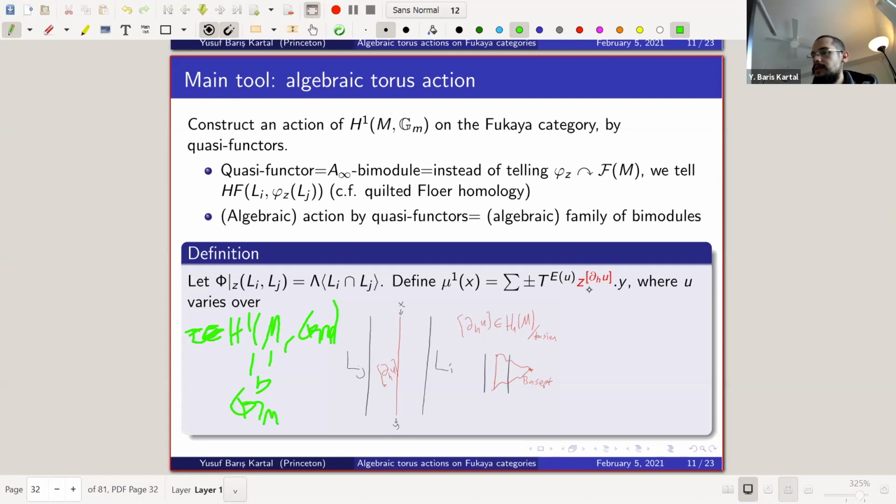Maybe I should try to be a bit more explicit. What I'm trying to say is, pick a basis for H1. I don't know where I should write it.